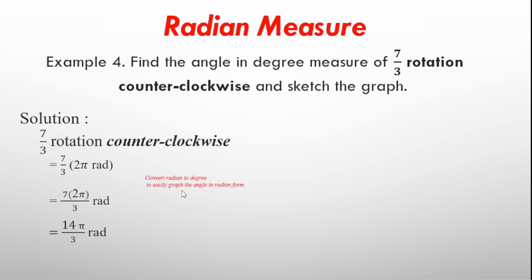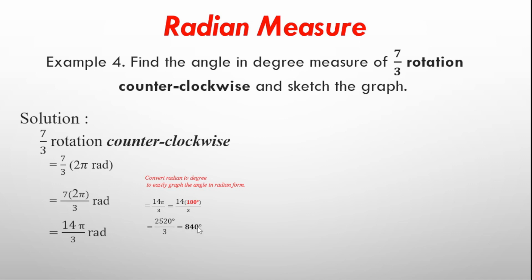So converting now 14 pi over 3 radian into degrees so that we can easily graph the rotation, it becomes 14 times 180 degrees divided by 3 is equal to 2520 degrees divided by 3, that is 840 degrees.